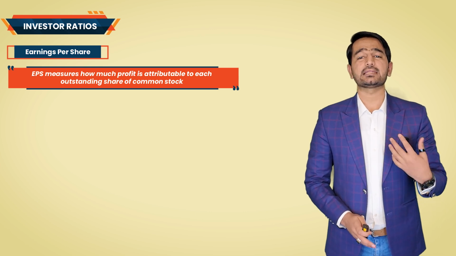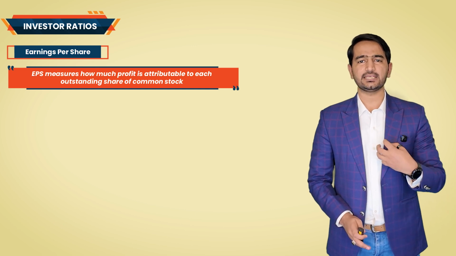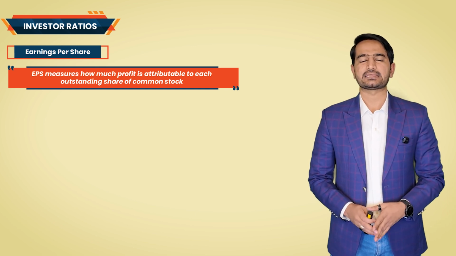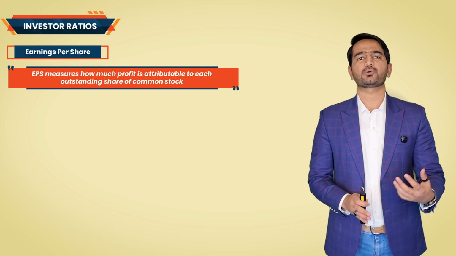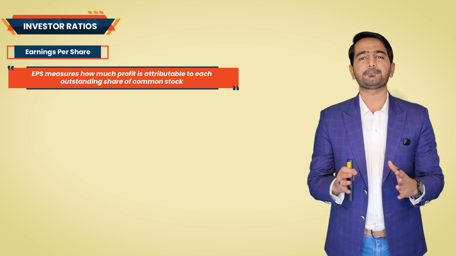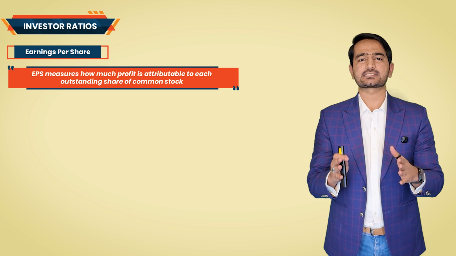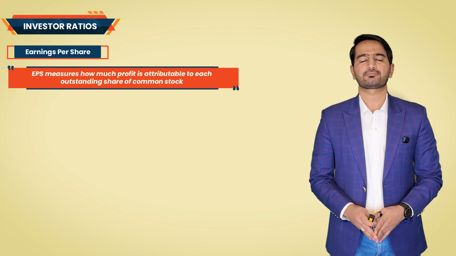EPS helps them understand how much of the company's profit is assigned to each of these shares. This makes it a critical tool for investors as it provides a direct indication of the company's profitability on a per share basis. And this is essential for assessing the value of their investment.